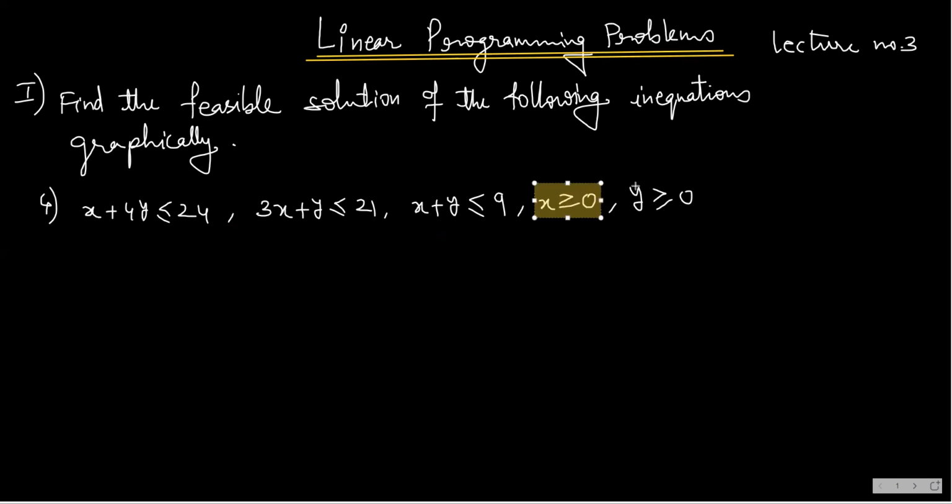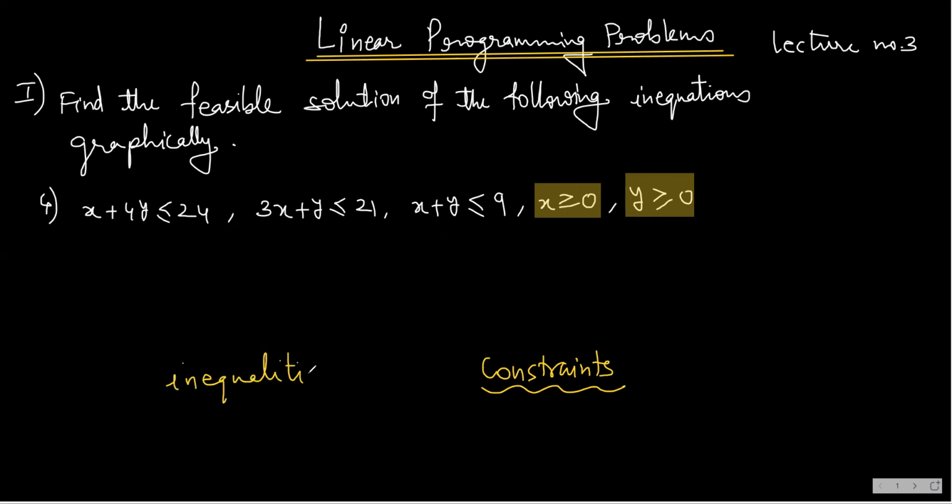Yes, the word is constraints. Students, remember, inequalities are also written as constraints. So you can say that this is a constraint, this is also a constraint, this is a constraint. These two are also constraints.